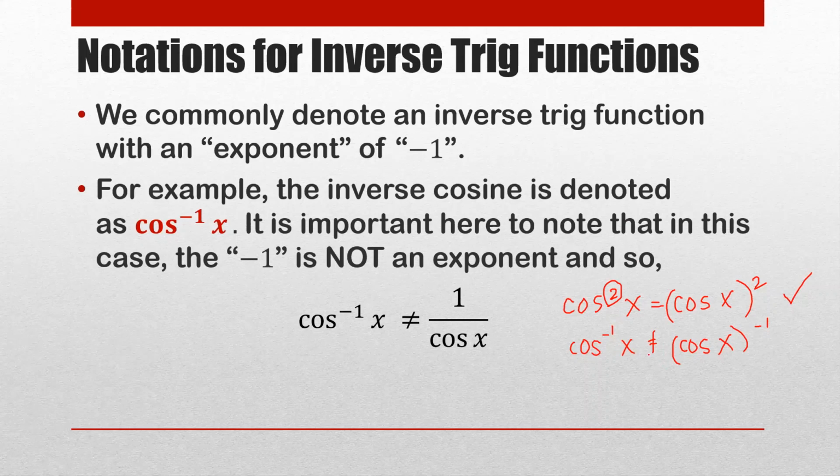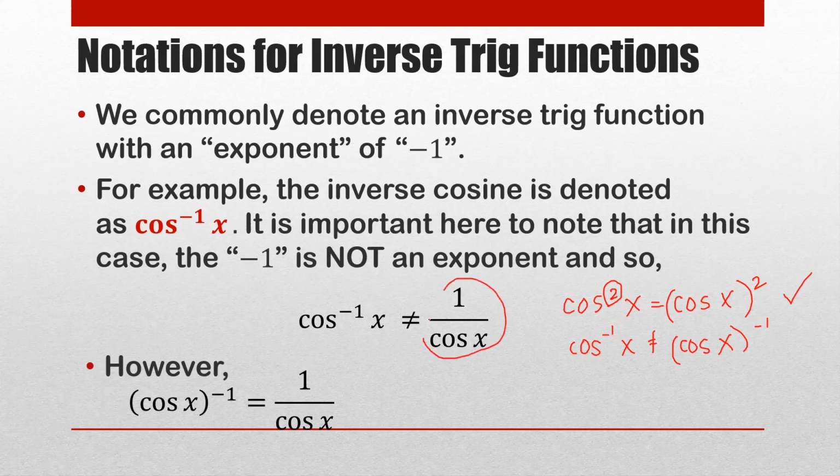Okay? So, yung 1 over cosine x. Okay. So, yung ganito naman, if we are to insist na gusto natin itong 1 over cosine x, we will denote it this way. So, ito yung equal sa 1 over cosine of x.